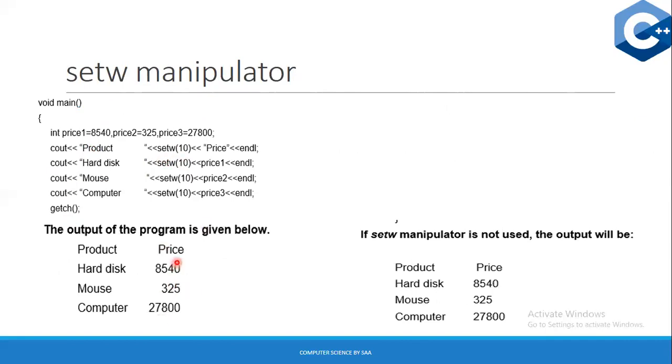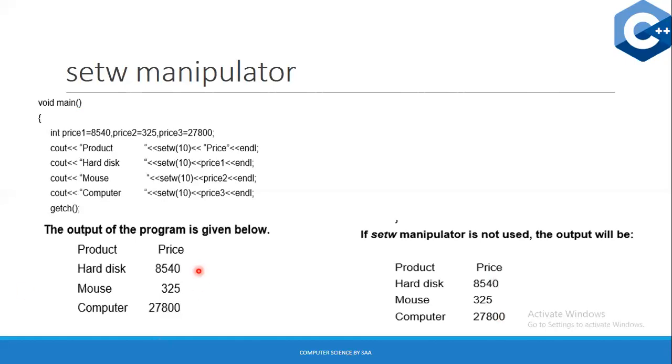The output is adjusted to the right, and it can adjust the output up to 10 characters, because we have mentioned the 10 within these parentheses. And if this manipulator is not used over here, the output will appear like this. It will align from this point, not from this point.